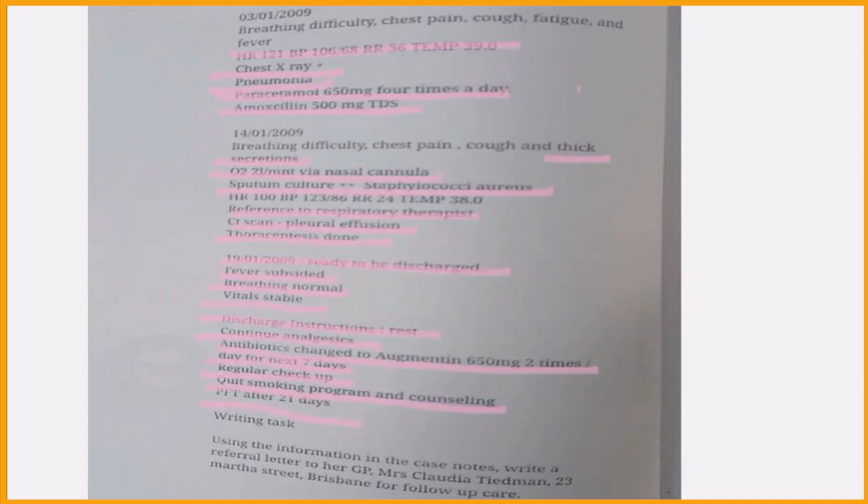If you want, you can write the plan, which will be continued for the next 7 days, along with this. Otherwise, you can write the plan alone in the last paragraph. Clear? You can write the follow-up of this medicine in the plan paragraph. Clear? Yes.